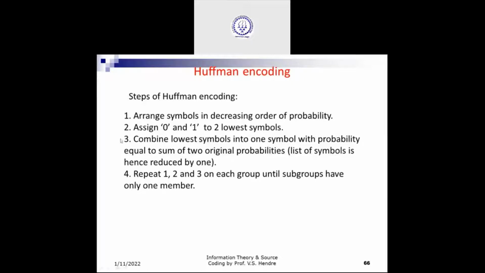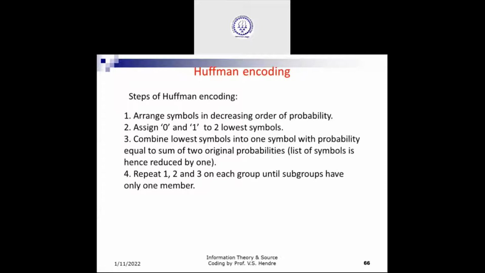You have to repeat steps 1, 2 and 3, that is, arranging symbols in decreasing order, combining the lowest two symbols, assigning them binary 0 and 1, summing them and carrying this sum forward to the next step, so that in every step the number of symbols gets reduced by 1, and in the end there will be only one member in the column, and the process will stop.